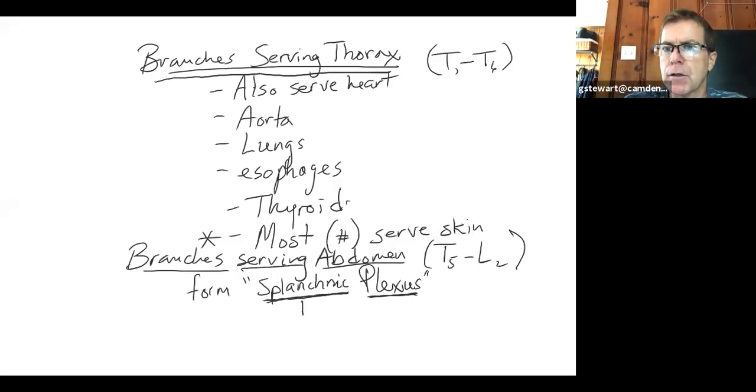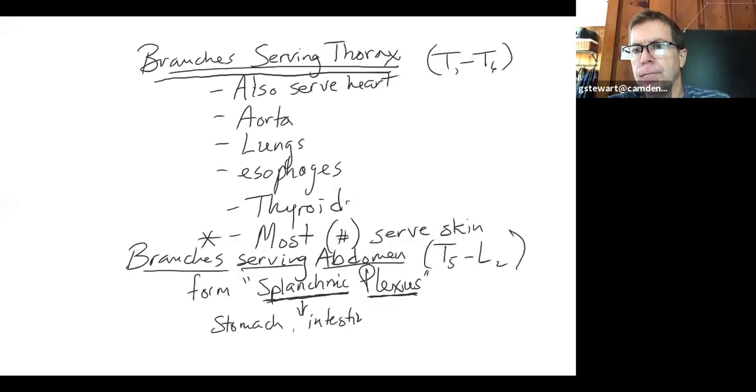So what these are going to serve, it's going to innervate the stomach, intestines, except the distal part. There's an exception, except the lower or distal part of the large intestine.